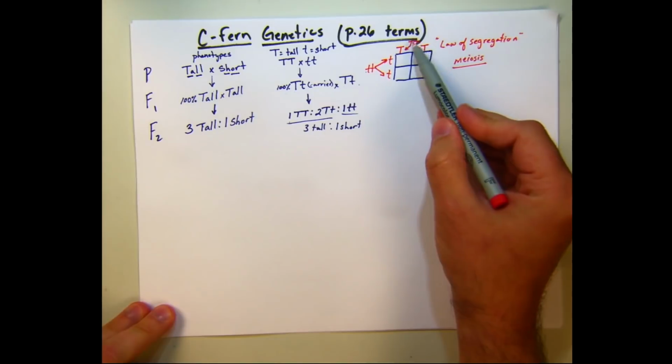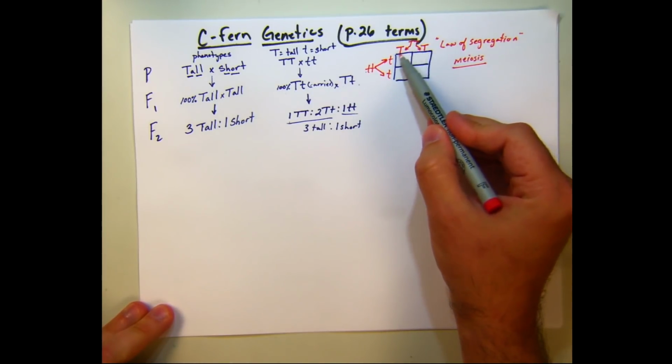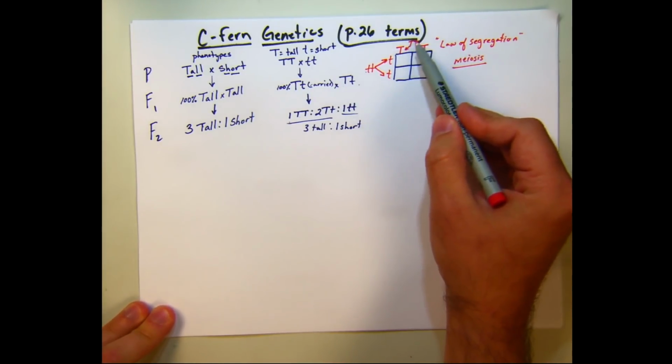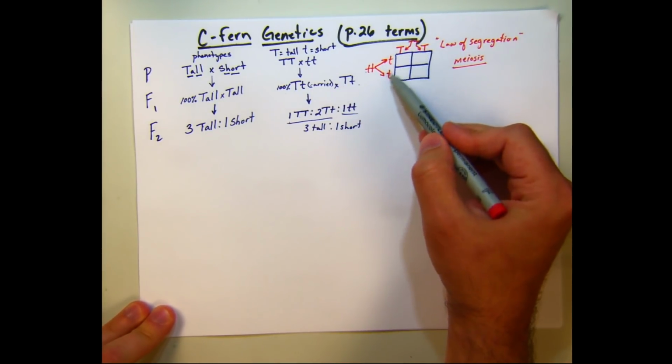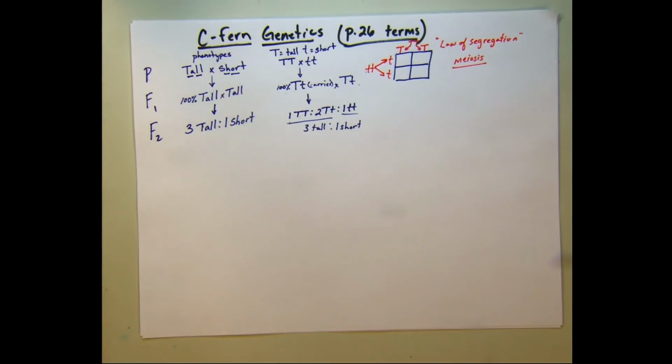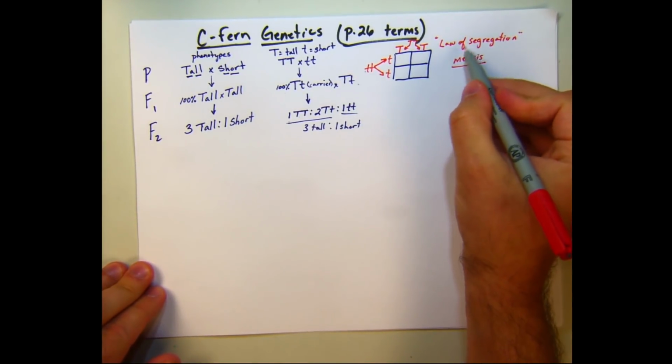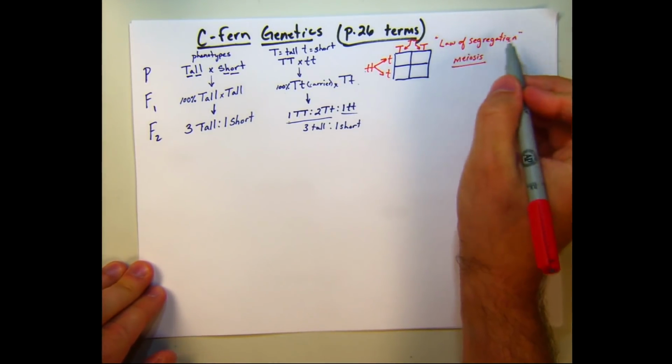It means your DNA has to separate to make your sex cells, your gametes. And every time you get a Punnett square and you put those letters, you separate them over or on the side of that grid, you're confirming, yes, meiosis does occur. You're agreeing with the law of segregation.